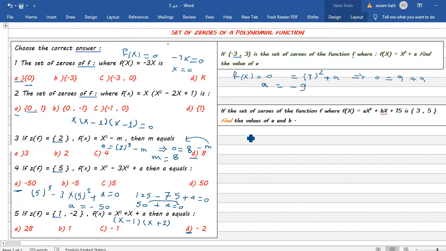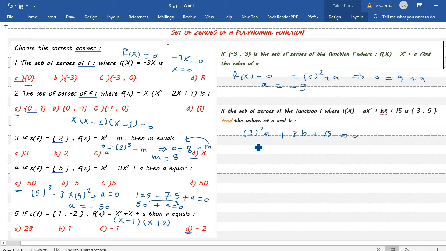Then 3 squared a plus 3b plus 15 equals 0.